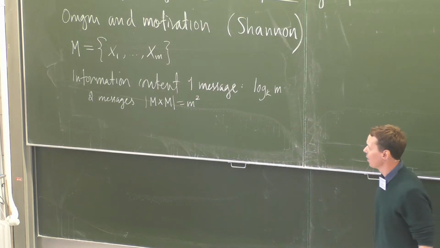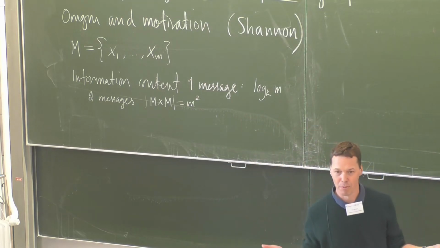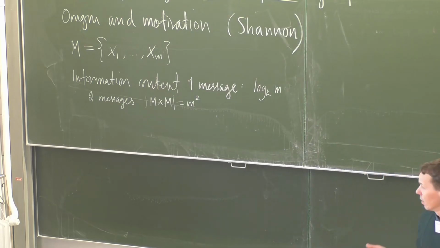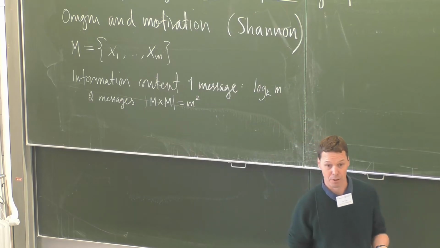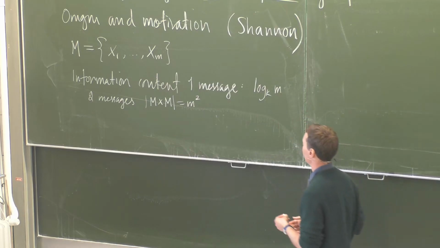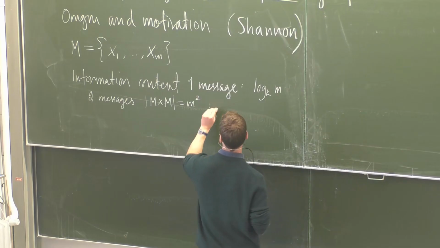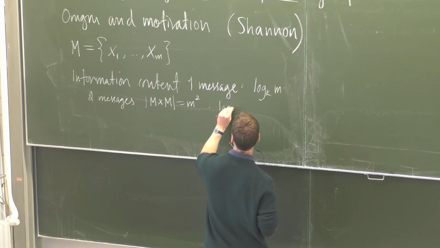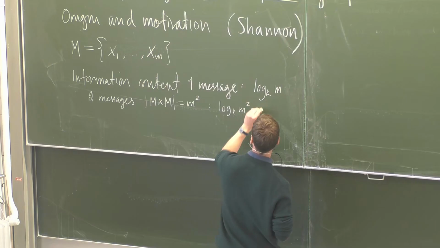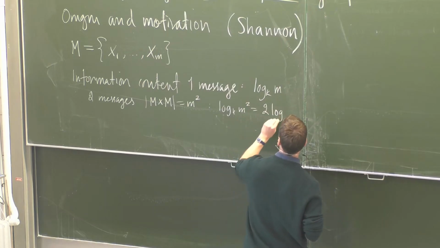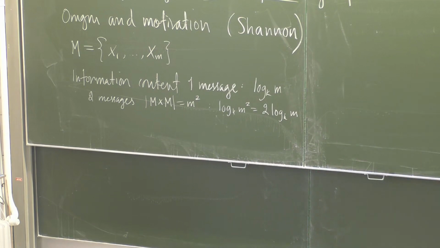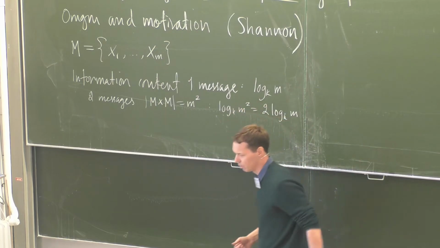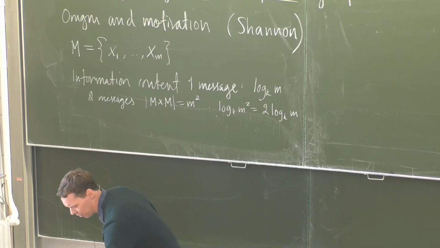So if you take just the size of the set to be your information content, by getting two messages, you would have m squared information. But it makes better sense to take the logarithm, because then you get log m squared, so you get 2 log m. Twice as much information if you get twice as many messages. Kind of makes sense. So this seems to be a good definition of information.